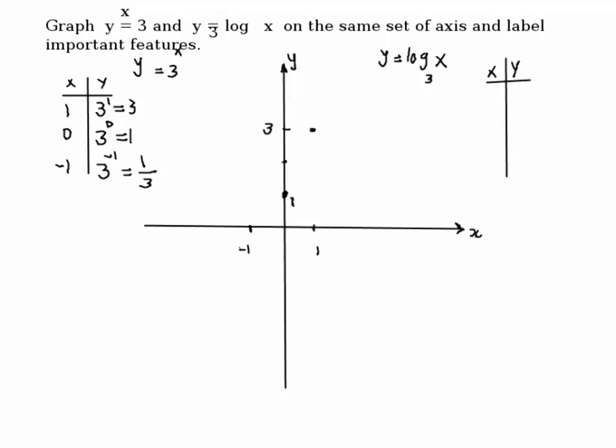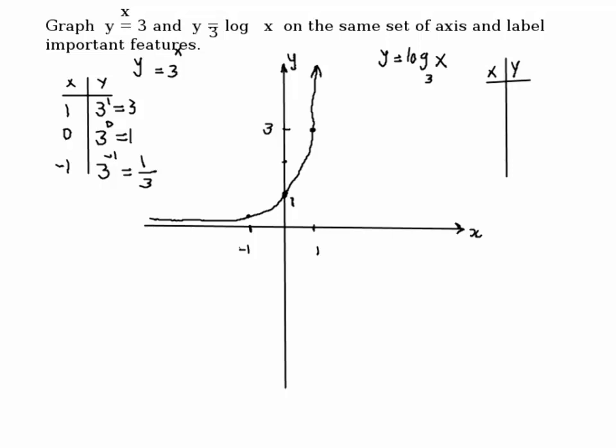So somewhere around here, your graph is going to get closer and closer to 0 from the left side. It passes through point 1 and then exponentially increases. That would be a graph of y is equal to 3 to the power of x.